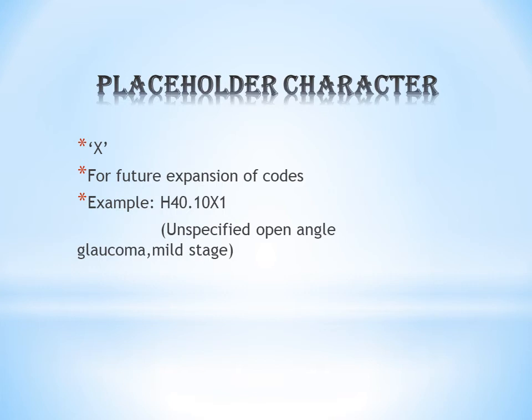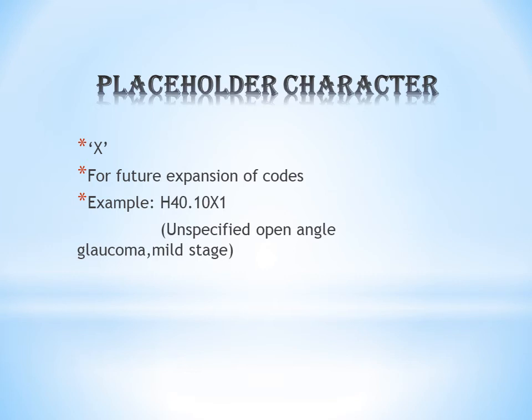In the tabular list you can see that H40.10 is an incomplete code. There you can see by the side of H40.10 a character 7 is indicated. So a seventh character needs to be applied. From there itself you will get the seventh character as 1, mild stage. The seventh character for mild stage will be 1.